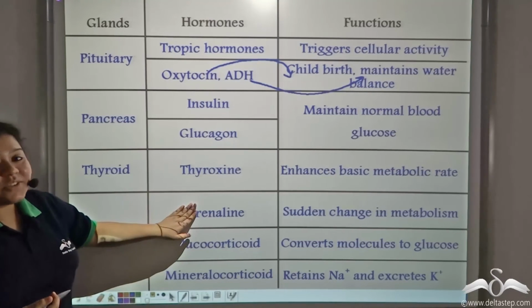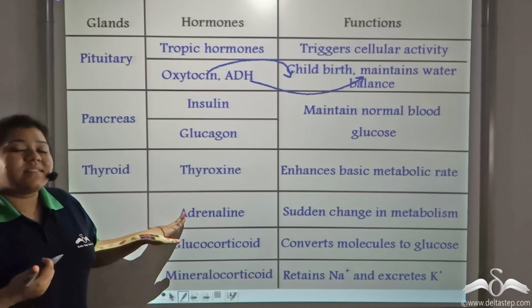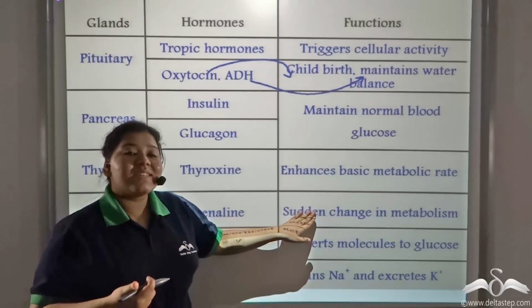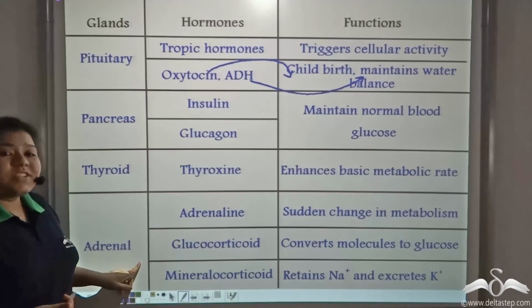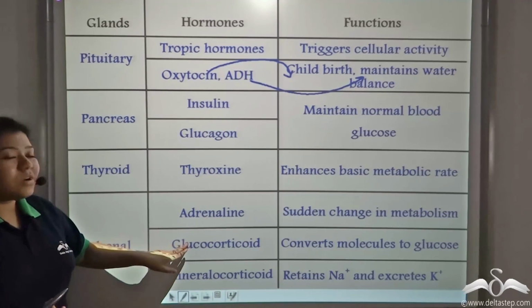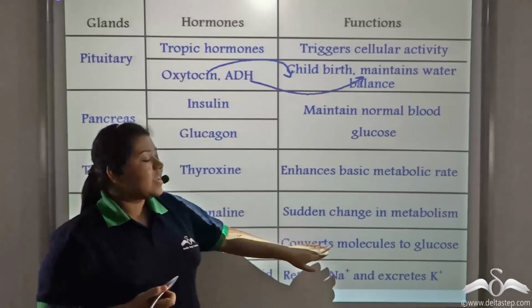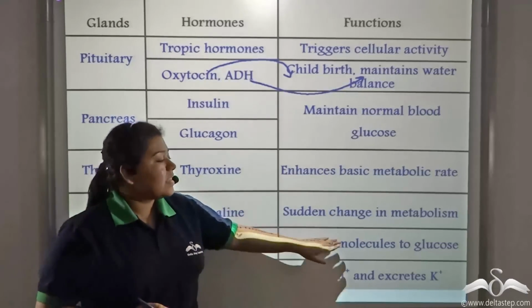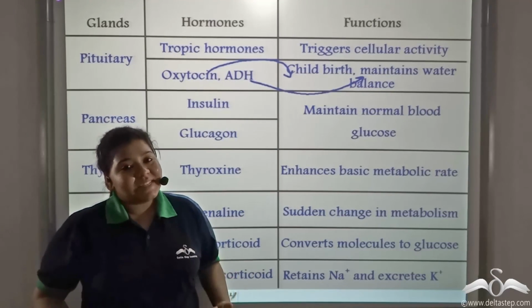The adrenal medulla secretes adrenaline, which prepares the body for a fight or a flight condition by causing a sudden surge in the metabolism. And the adrenal cortex secretes two hormones, glucocorticoid and mineralocorticoid, where glucocorticoid converts molecules such as fats and proteins into glucose when the glucose reserves in the body are depleted.